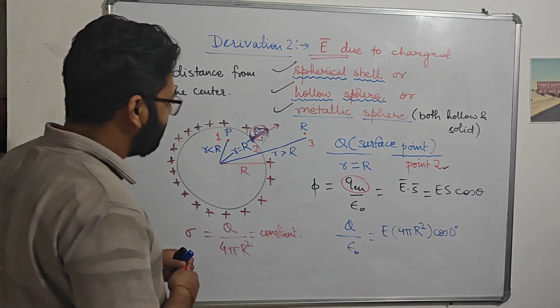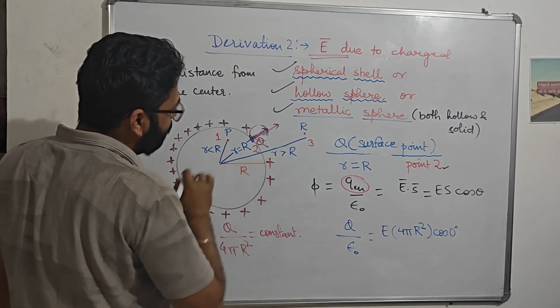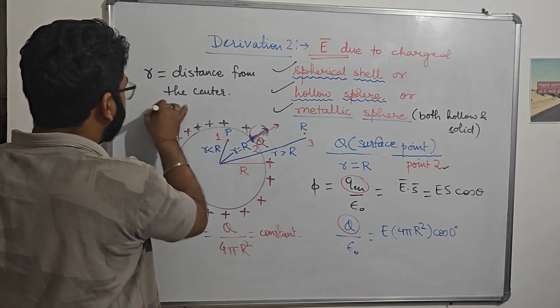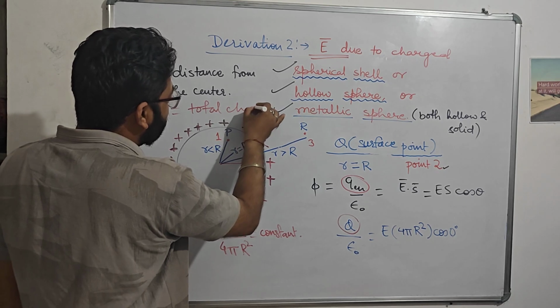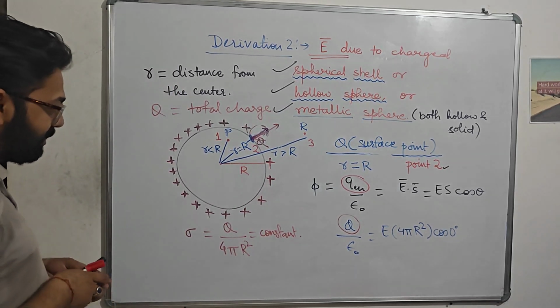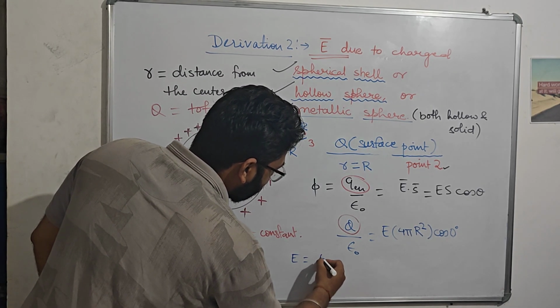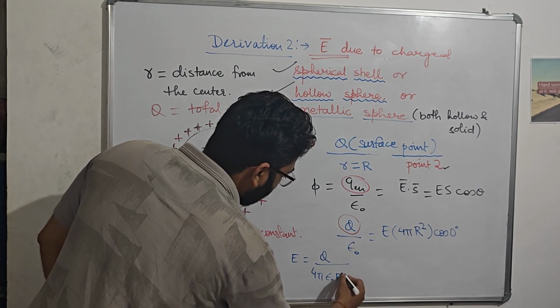For example, this is the point Q. The name of the point is Q, and the total charge is also called Q. Q is the total charge which is on the surface. Okay, so now we can easily correlate that E can be written as Q upon 4 pi epsilon naught R square.